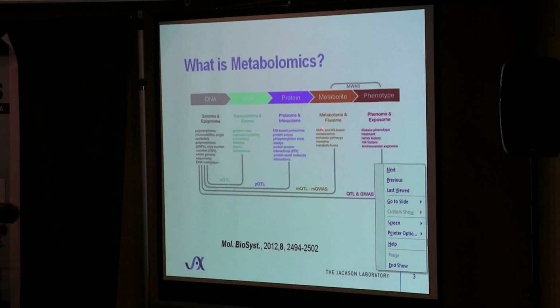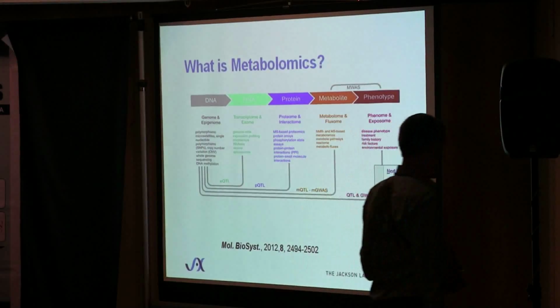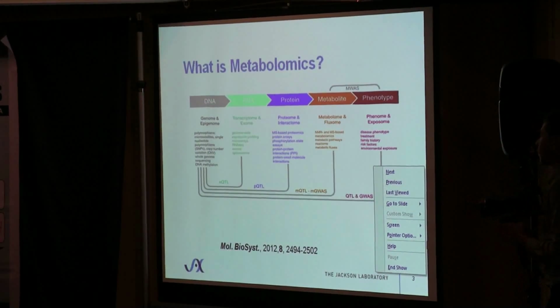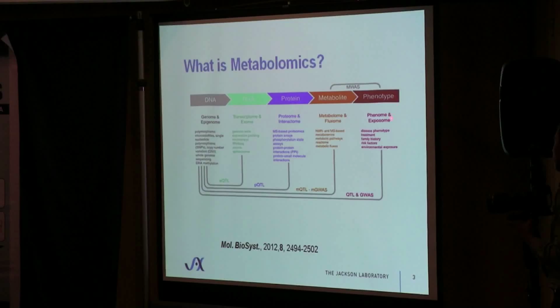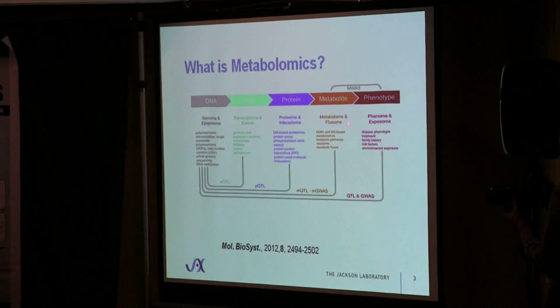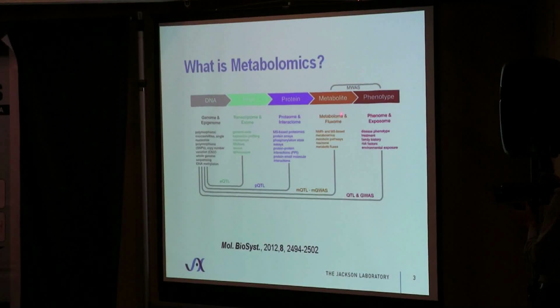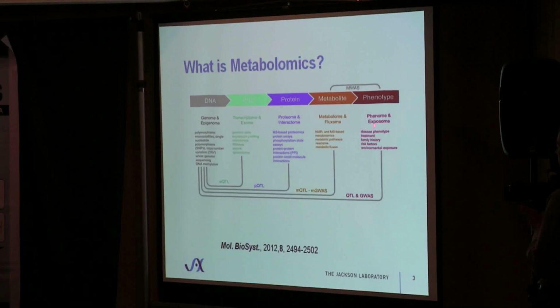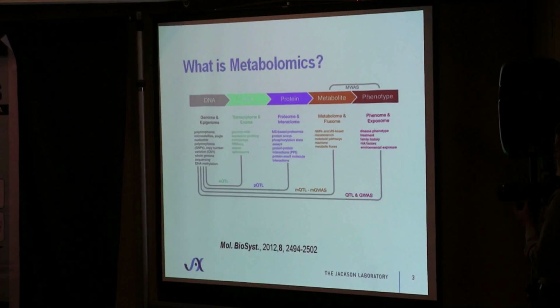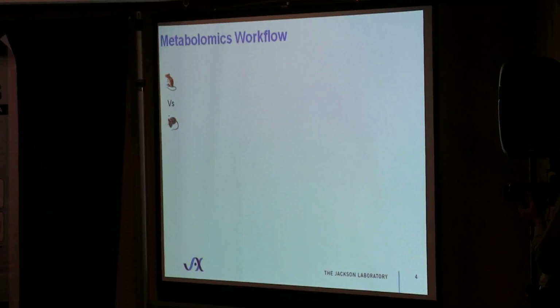And metabolites are closer to the phenotype. So they take into effect the genomic and environmental effects together to show you the mechanism of a living being, or a cell.